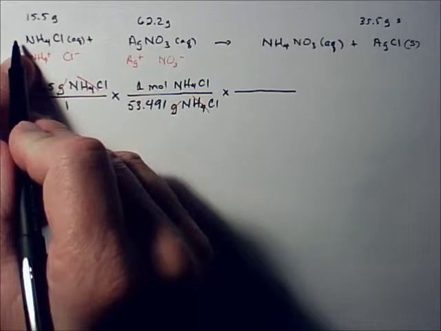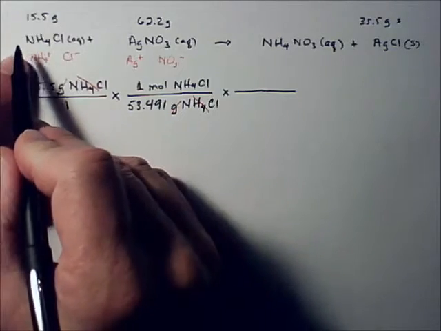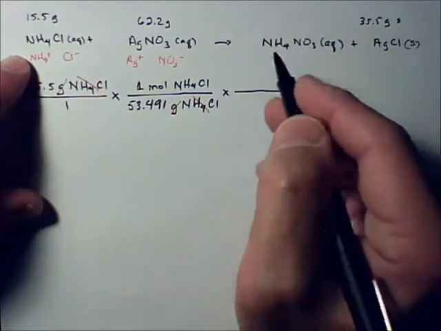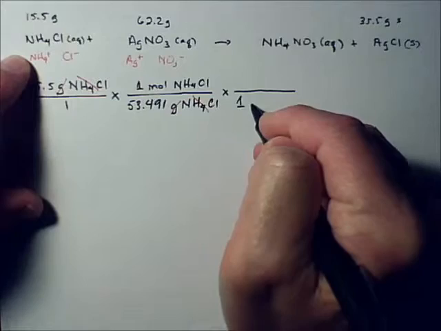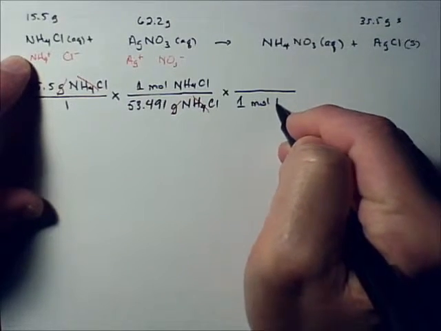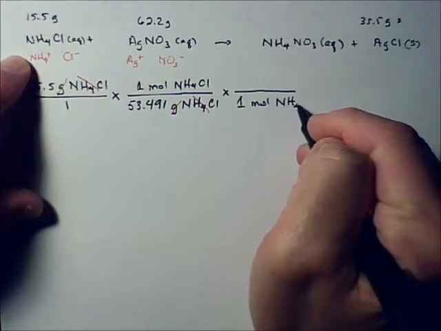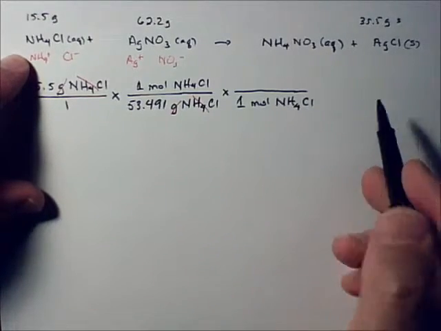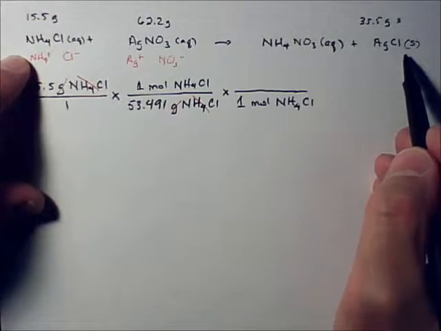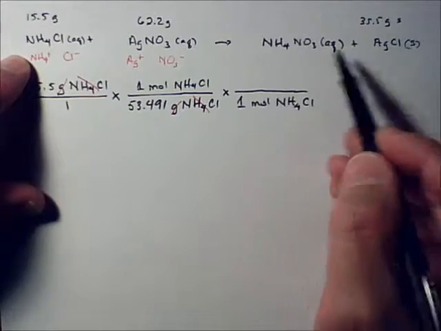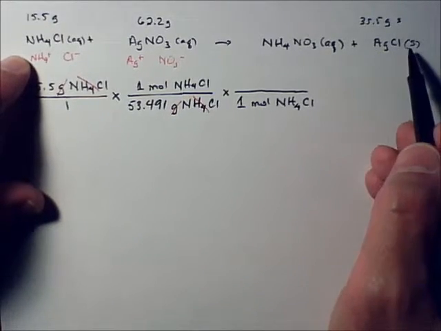If we want to write 1x, we don't write 1x, we just write x. So when we have 1 ammonium chloride, we don't put a 1 in front of it in the same way. We can show that as 1 mole of ammonium chloride on the bottom here, and whatever number of moles of the thing we're trying to find goes on the top. And that's 1 mole, in this case, of silver chloride.